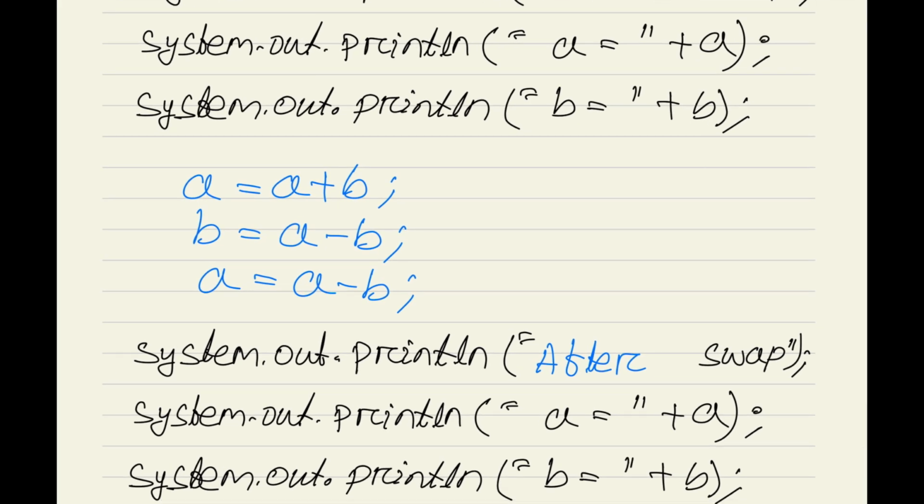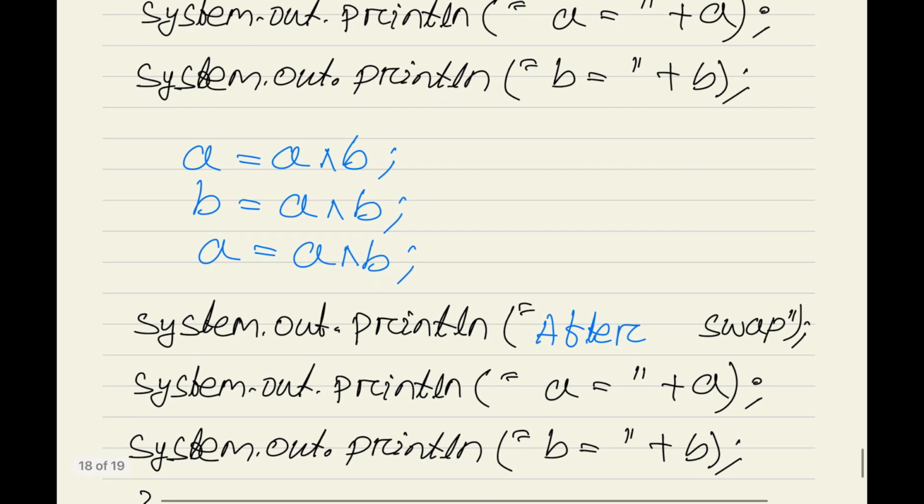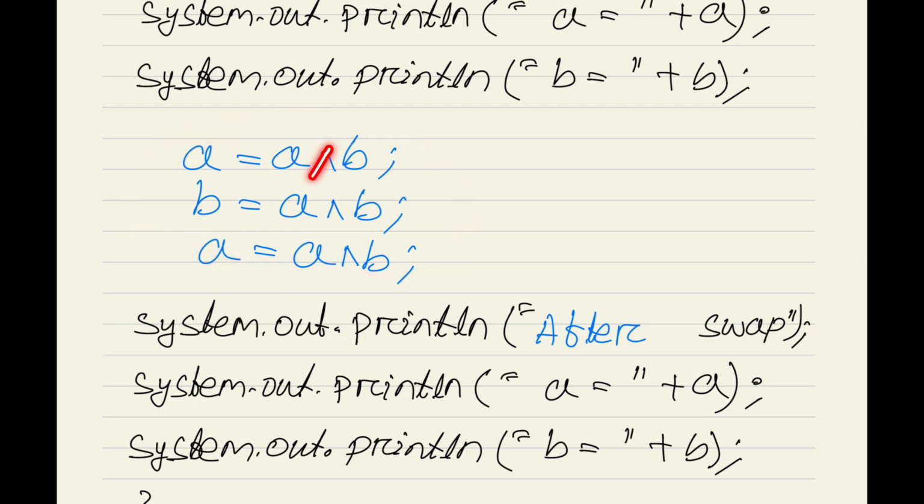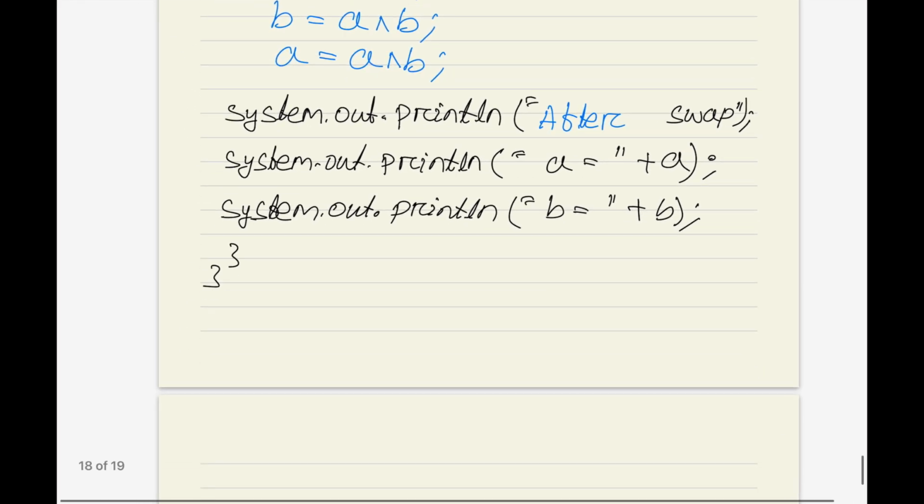Here I can write A equal to A XOR B, and B equal to A XOR B, and again A equal to A XOR B. So in this way also we can swap the values of A and B using the bitwise XOR operator. So I hope this one is clear to everyone.